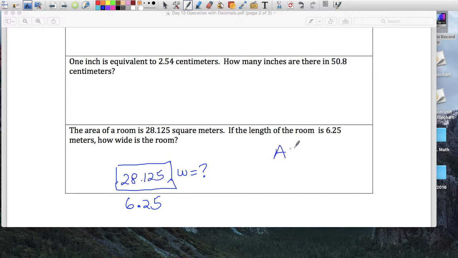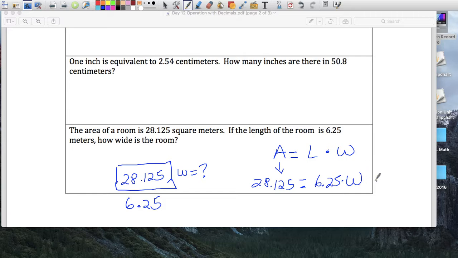So area equals length times width, right? Let's substitute. The area is 28.125, the length is 6.25, and the width is our mystery number. So 6.25 times the mystery number gives you this. So what do you have to do to find W?